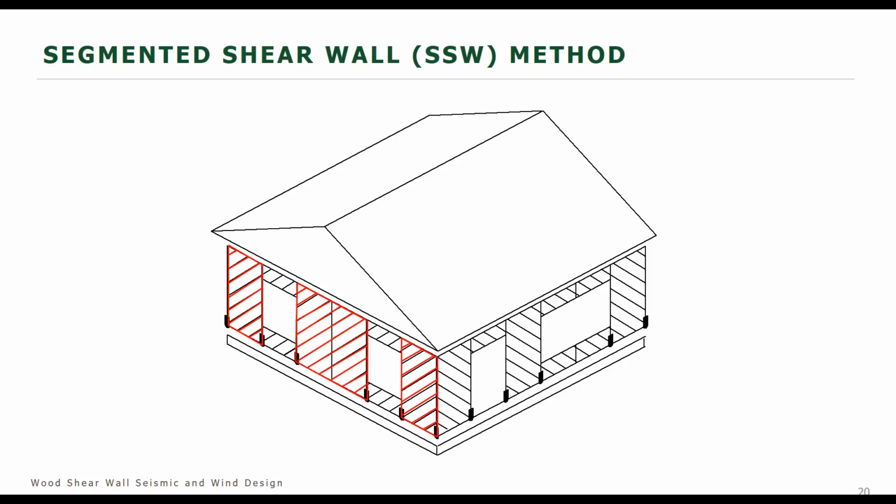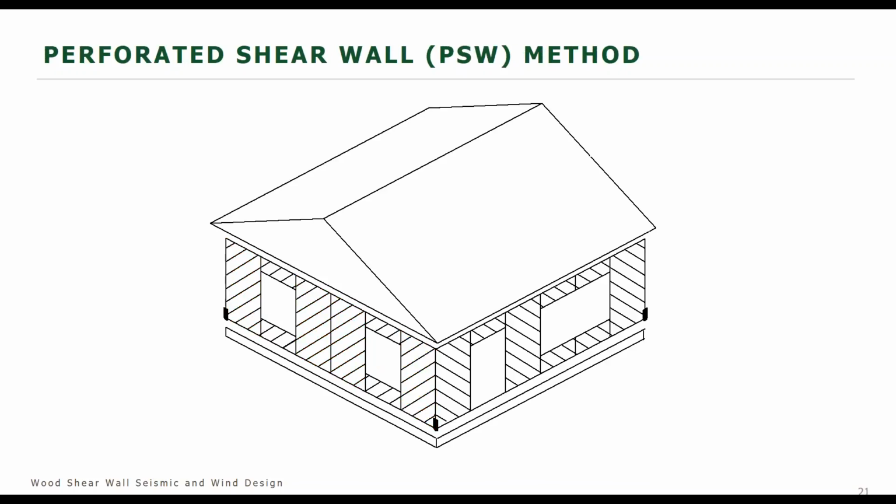It doesn't account for any contribution above or below any openings where you might have additional sheathing, such as in these locations here above and below the opening. This method is considered one of the simplest, and it's the most straightforward. And it is included, as we mentioned, in SPDWS as well as in the WFCM. So this is something that you can use in either document.